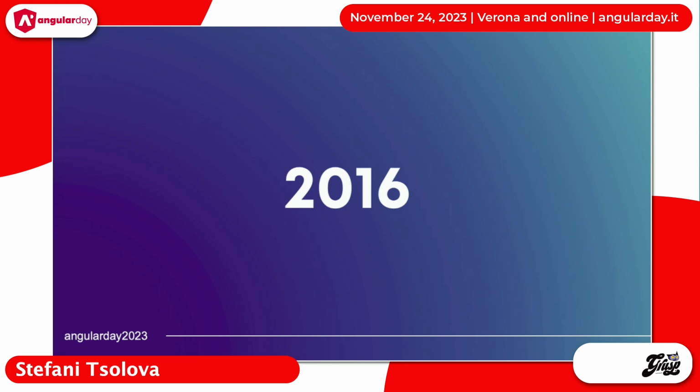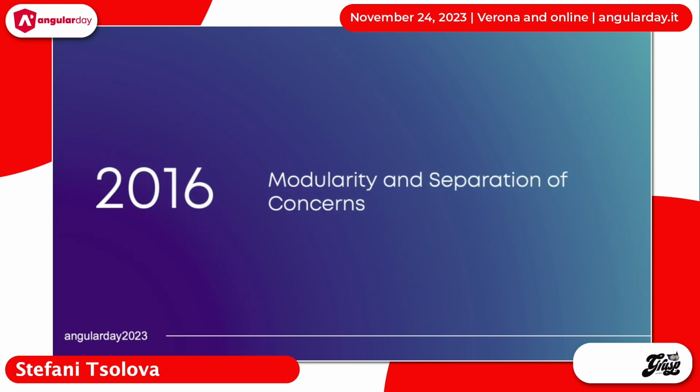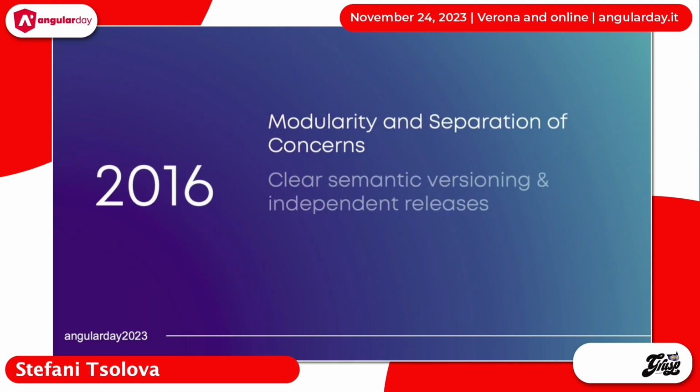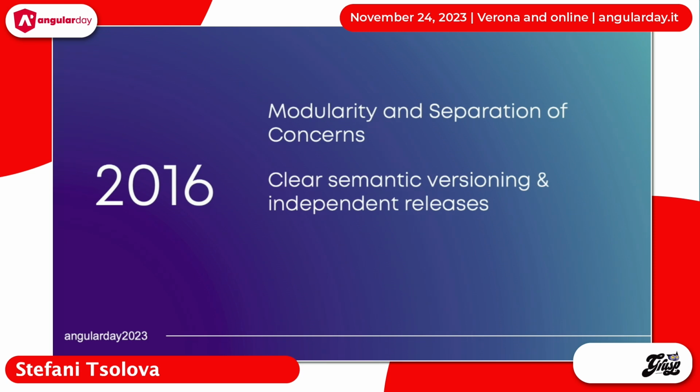Some of the key points that I extracted were that what was important for the product and the team was modularity and separation of concerns, meaning that they wanted each package or the different set of components to have their own repositories, and that would have allowed for more clear semantic versioning and independent releases, which means that if there is a bug fix, for example, in the buttons package, only that library needs to be published, only its version will be bumped, and the rest will just remain the same.